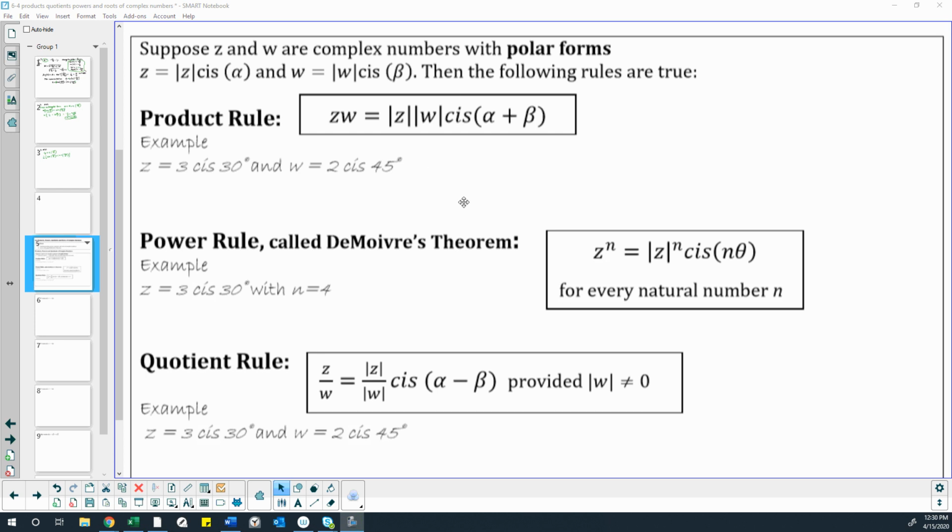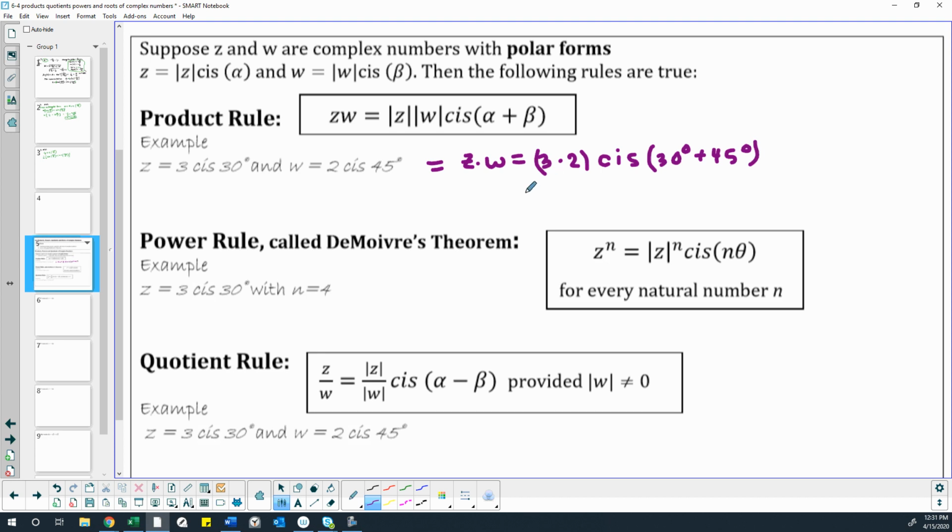Using this formula, I'm going to write it all out so we know what we're doing. Z times w would be the magnitude of z, which is just the number in front, 3, times the magnitude of w, which is 2, times cosine plus i sine of our angles added together, so 30 plus 45.